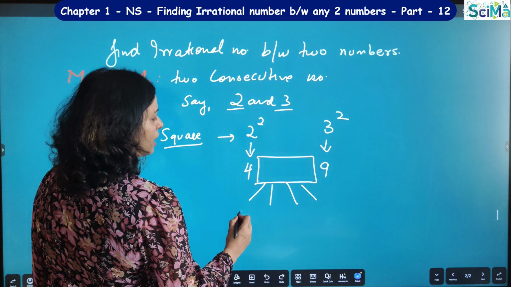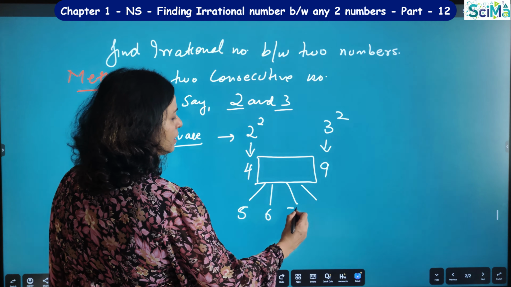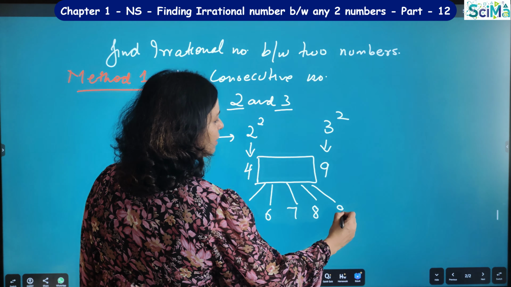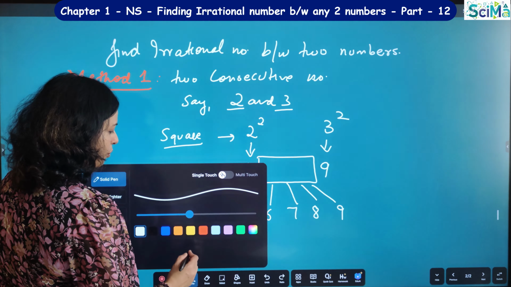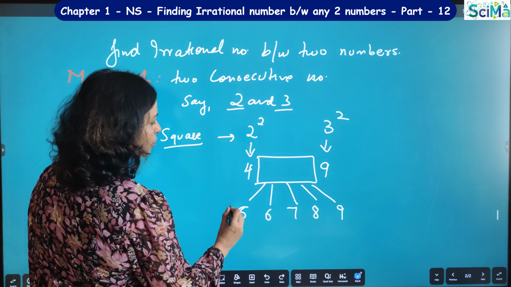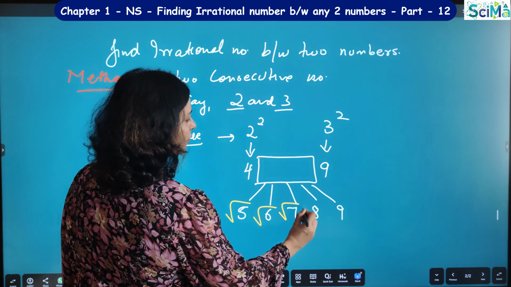Now in between these you have to write all the numbers. So what numbers do we get? 5, 6, 7, 8 and 9. After that, you have to put a root on them.